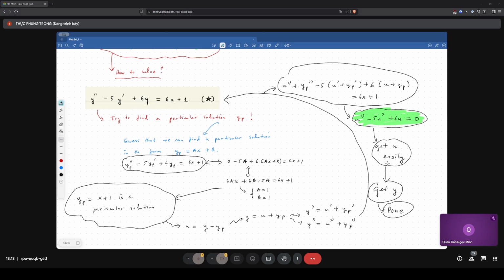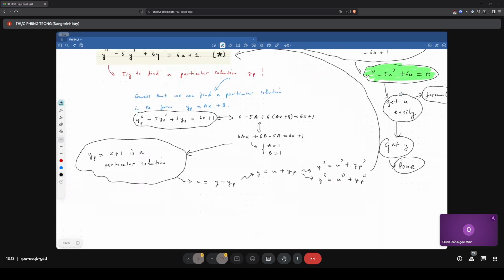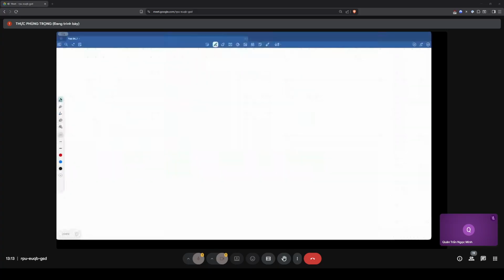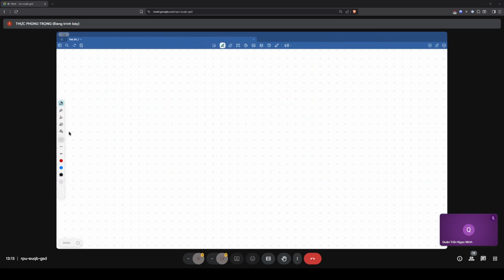Yeah. So this is what we have for it. So let me put a summary right here. So this is the summary we have. You can see everything in the note. Yeah, in the note I wrote everything. The same thing, right? So this is what we have. To solve a non-homogeneous equation, this is what we do.